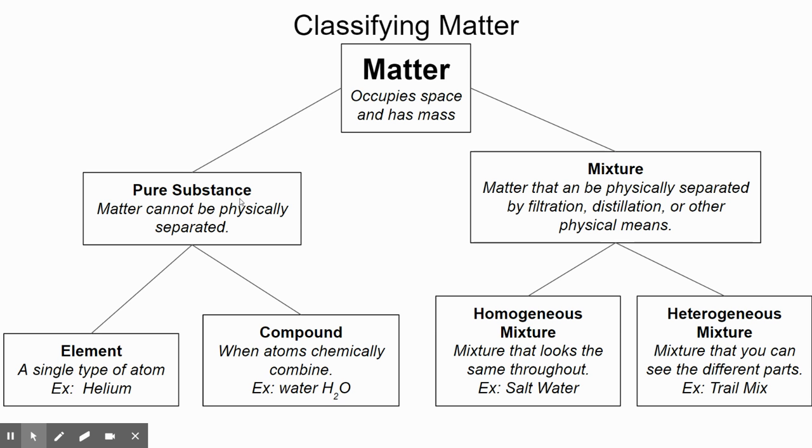You can't separate the salt from the water by picking the pieces out. You can't see the little pieces in there. I'm going to give you some other examples too after this. And then heterogeneous is a mixture where you can see the different parts. Hetero means different.